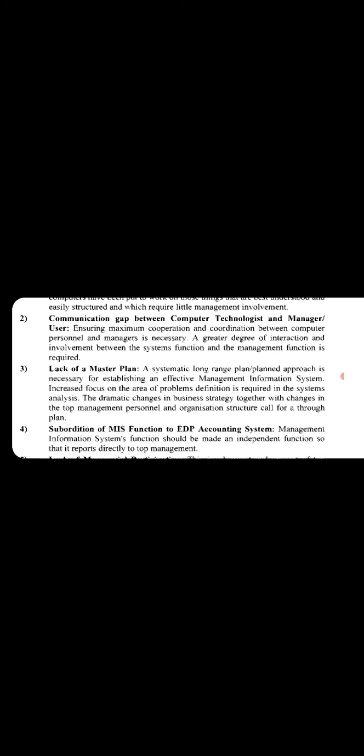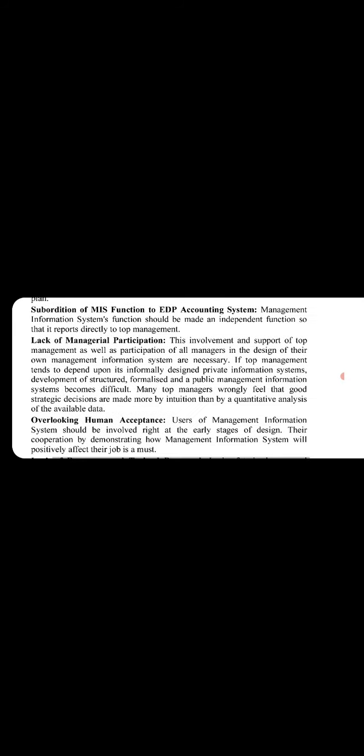Third one is lack of a master plan. Fourth one is subordination of MIS function to EDP accounting system. The fifth one is lack of managerial participation. Sixth one is overlooking human acceptance. Seventh one is lack of resources and trained persons.